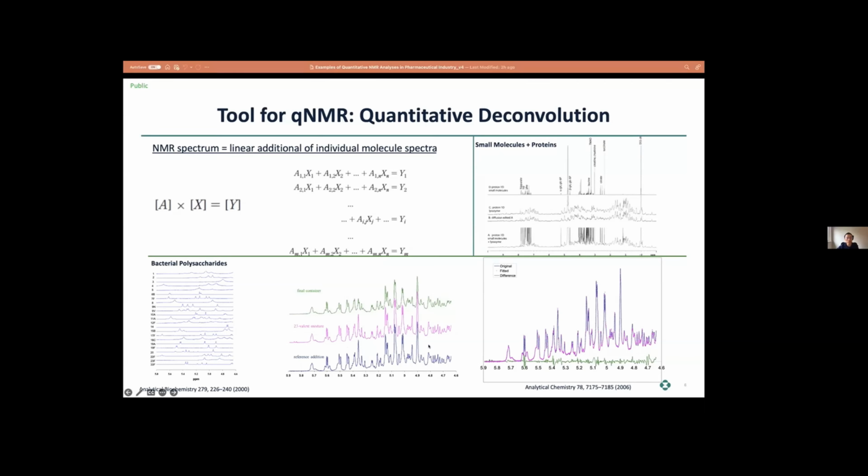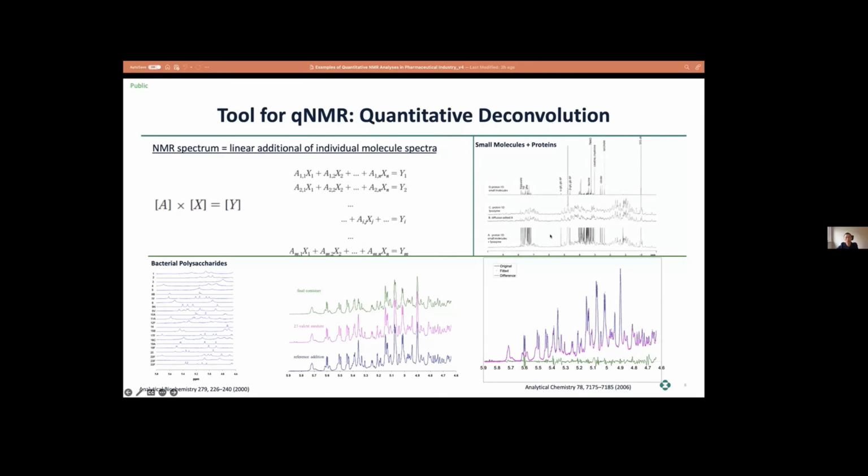You can see they are very similar, even though there is slightly some difference. Using this deconvolution method, we can put in all 23 valent polysaccharides and deconvolute to find the individual contributions. And this is the residual from the fitting. You can see really nice results.